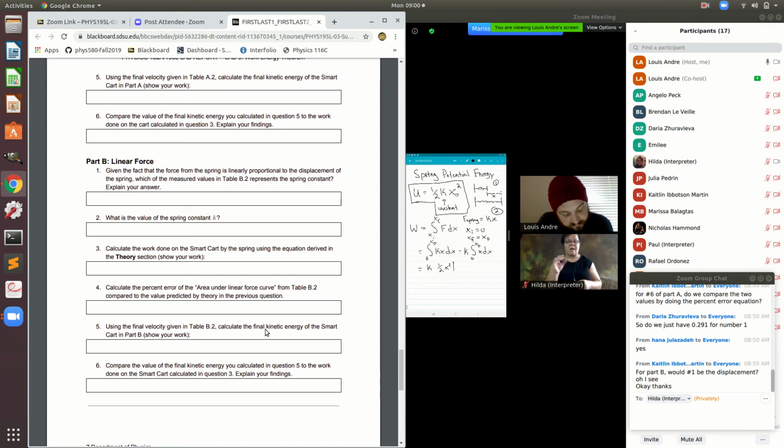But that's defined from 0 to xd, which is then k times 1/2 times xd squared minus 0 squared. And that's just essentially 1/2 k x displacement squared. Okay, that was the work, which is equal to the total potential energy of the system.